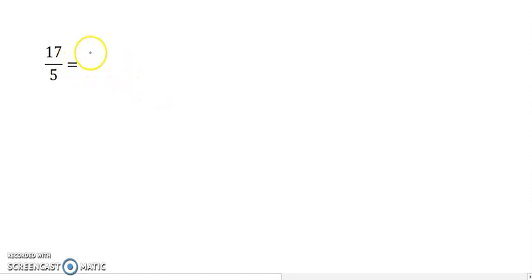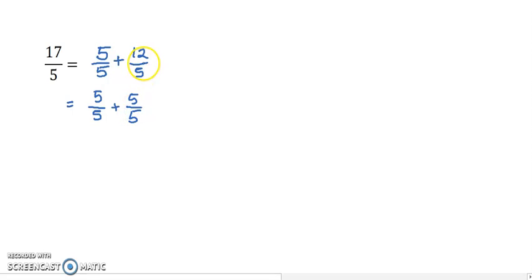Can we take out a group of 5? We have one group of 5, 5/5. What would be left if we took 5 out of 17? We would have 12/5 left. But we can get some more out of 12/5, so we go 5/5 plus 5/5.